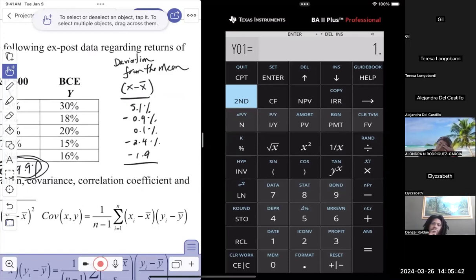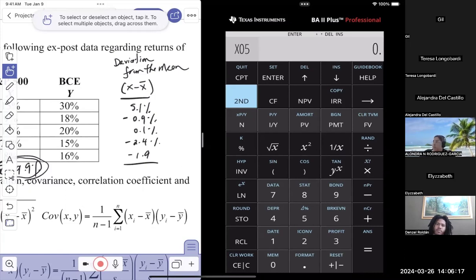Enter down, and I skip Y and go right to X. Oh, no, that's wrong. Wait. Okay, skip Y and then put in 0.9 negative. Enter down, skip Y, 0.1, enter down, 2.4 negative, enter down, skip Y.